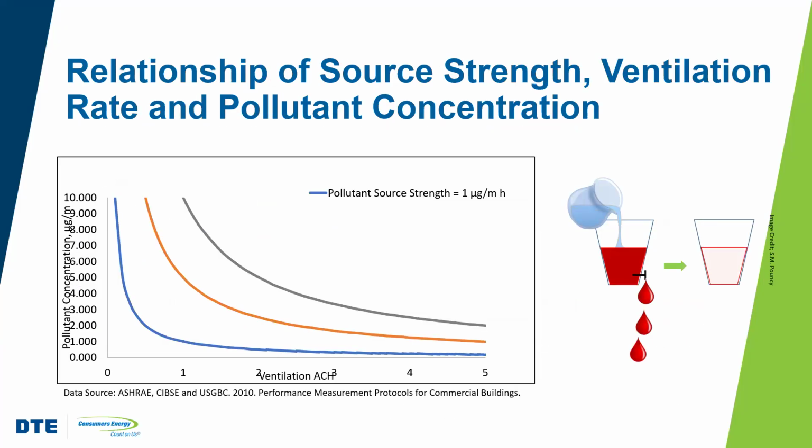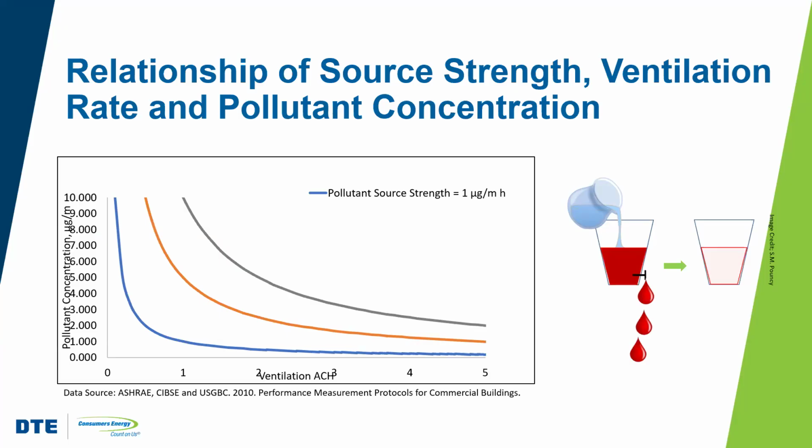One of the best ways that we know to manage indoor air quality is providing air with fewer pollutants in it, right? And the best way to do that is to regularly or continually dilute the air that's in the home.